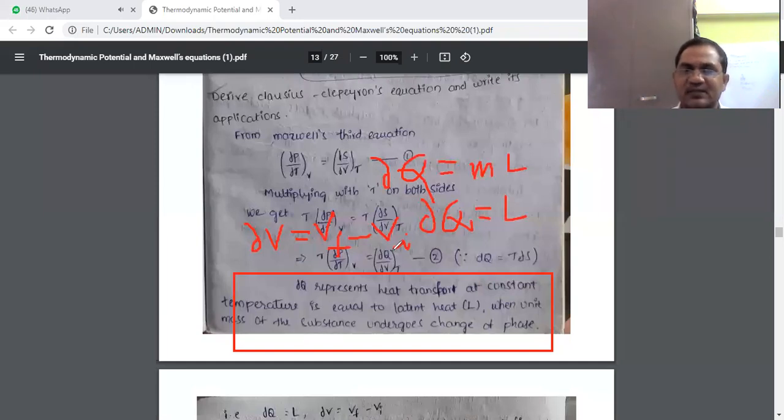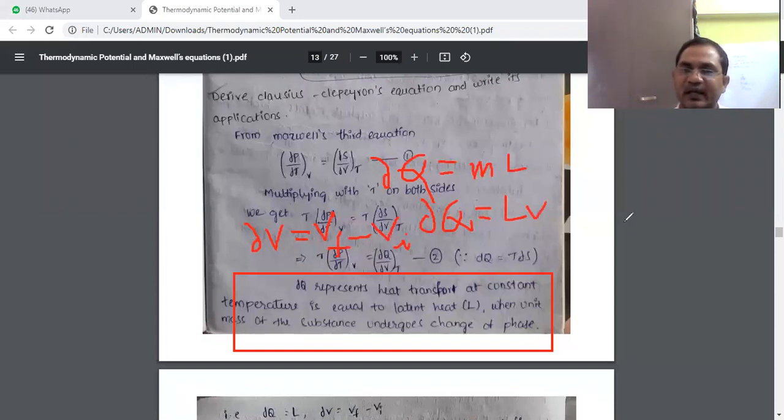Per unit mass, they are called specific volumes. So Vi is the initial specific volume and Vf is the final specific volume. Finally, what you have to remember is that in equation 2, ∂Q is equal to L and ∂V is equal to Vf minus Vi, which you substitute.